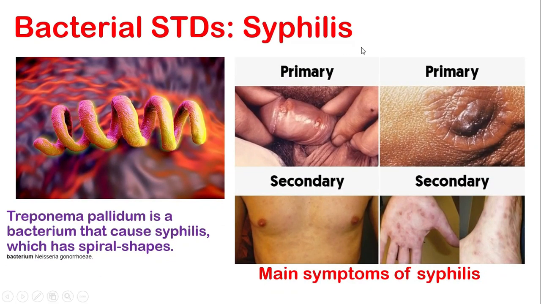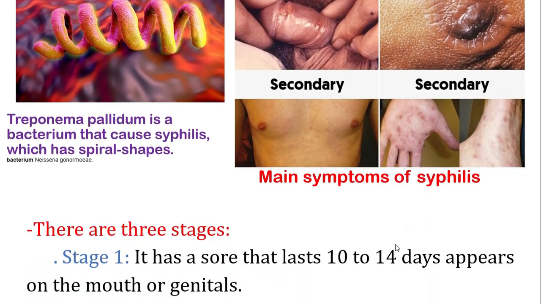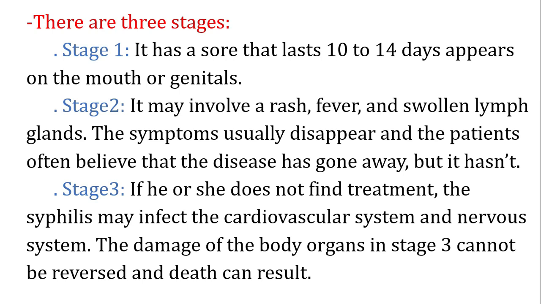Move to another bacterial STD called syphilis. The bacterium that causes this STD is Treponema pallidum. And here are some symptoms on the penis and on the skin, the main symptoms. Now move to the stages of syphilis. It has 3 stages.